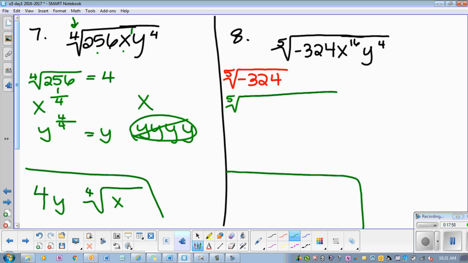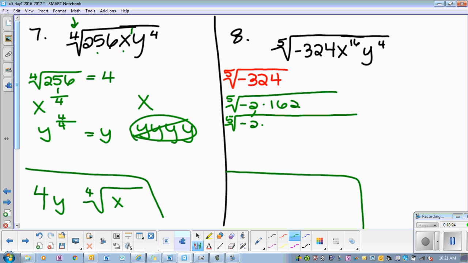Oh, I guess we could put negative 2. Doesn't really matter. 2 times what? 162. Okay. So I'll put negative 2 times 162. Fine. We'll move the negative in there. All right. So this negative 2 is good. I can't break it down anymore, but I can break down the 162.